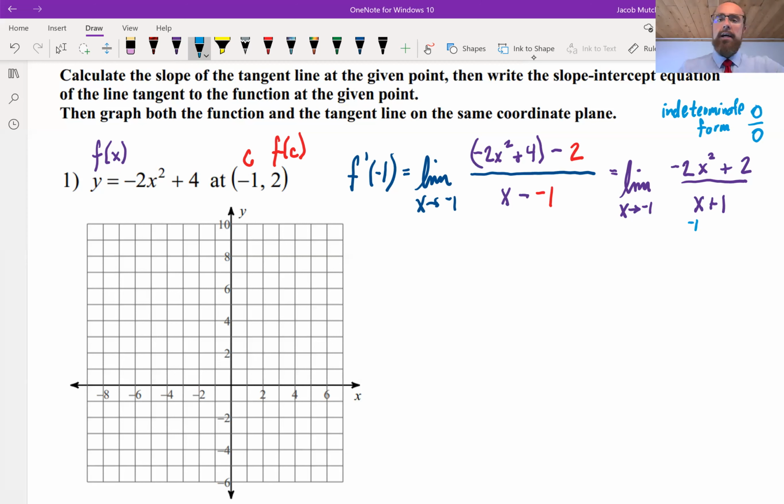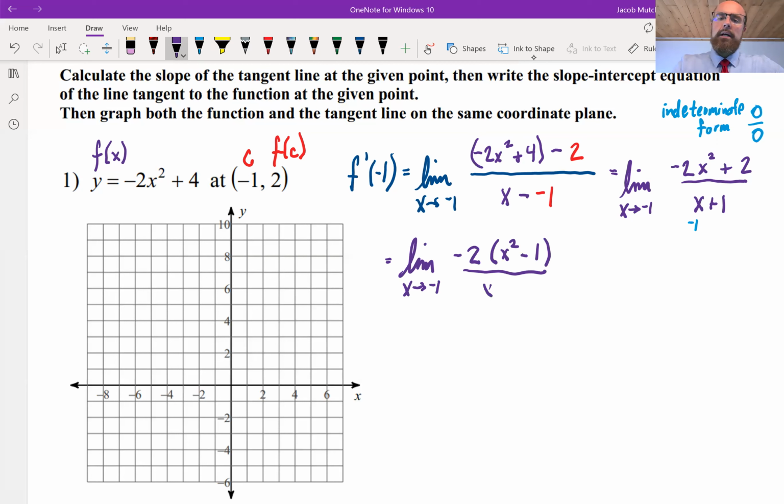So what I want to do is factor the numerator. So this equals, again, the limit as x approaches -1. And I see that I've got a constant coefficient term of 2, so I'm going to factor out, in fact, -2. And what that would leave me is x squared minus 1.